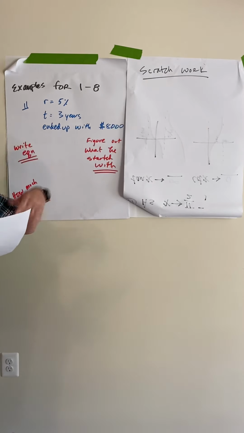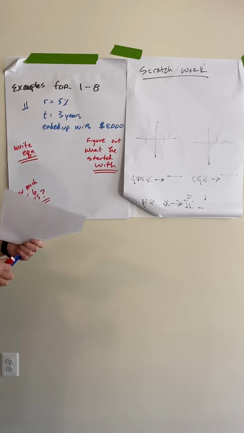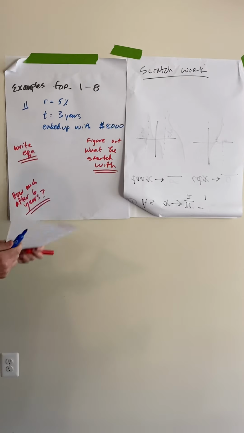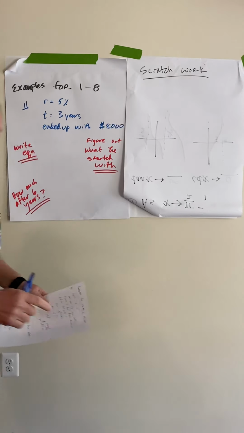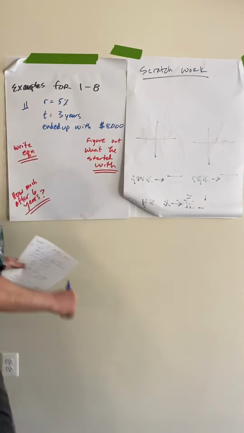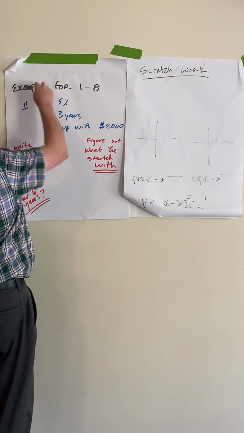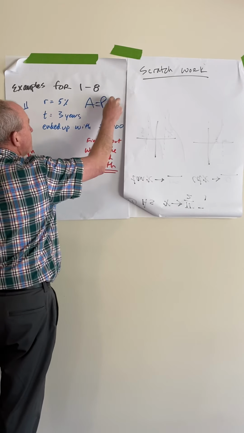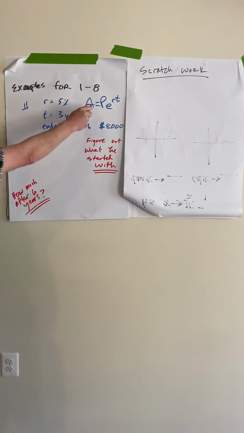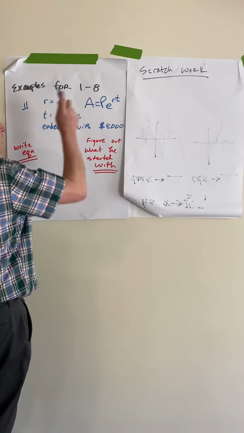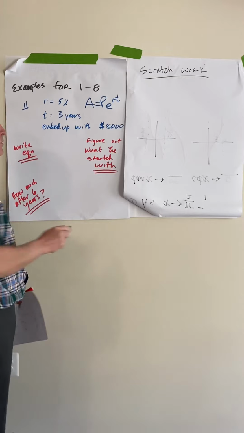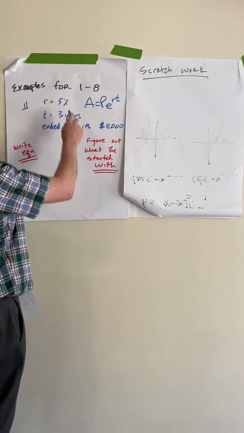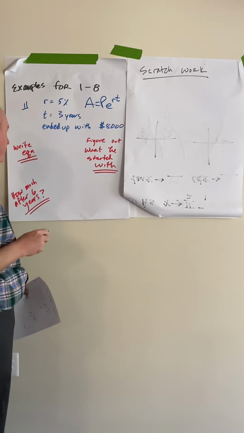First, I want to write an equation. It doesn't come out and say it, but in this particular problem, it's a compounded continuously problem. And I think I wrote the equation on the review guide. Yeah, I did. Remember, we want to use A equals P e to the rt, where P is the amount of money you start with, r is the interest rate as a decimal, t is the time in years, and A is the amount of money we ended up with.